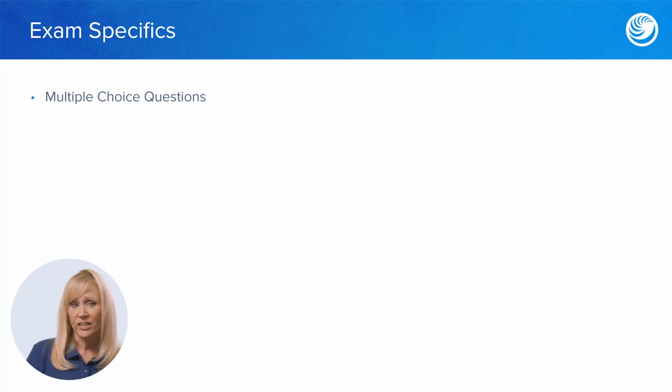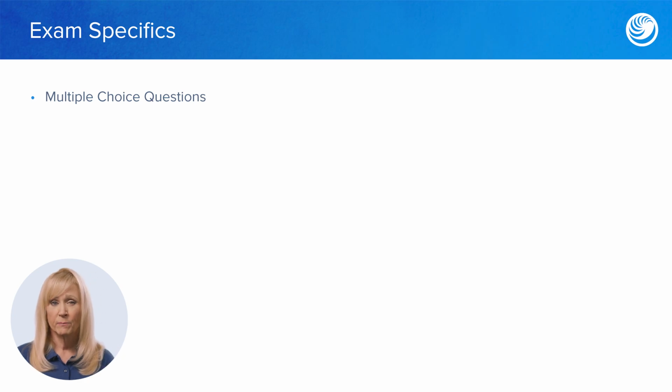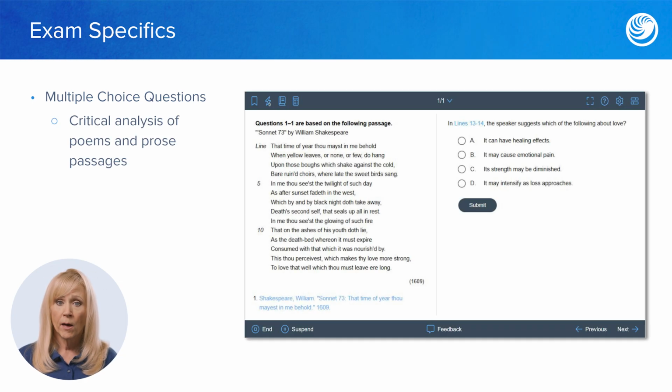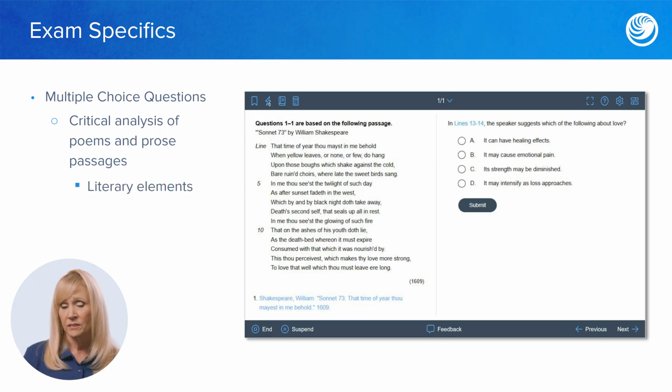The multiple choice section of the AP English Literature exam evaluates students' ability to engage critically with both poetry and prose. Using close reading skills, students are expected to read poems and prose passages and analyze a range of literary elements, including characterization, setting, and narrative structure, as well as more dynamic features such as plot development, types of contrasts, and central conflicts.